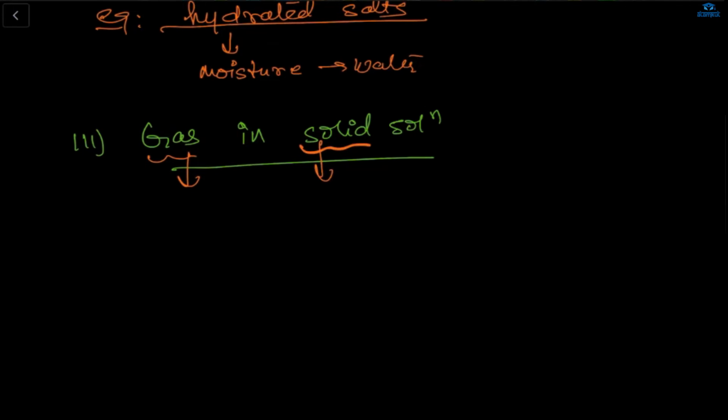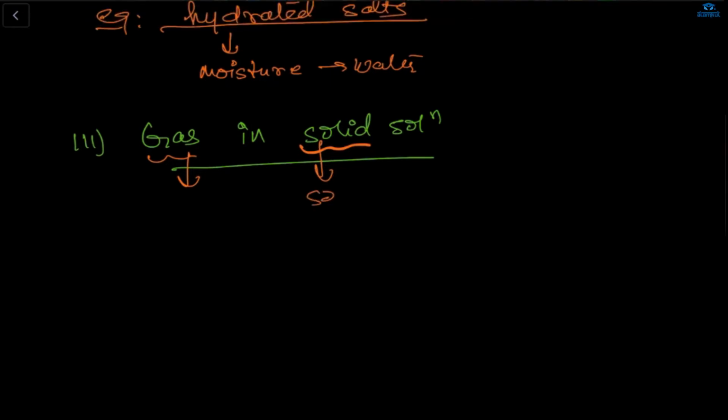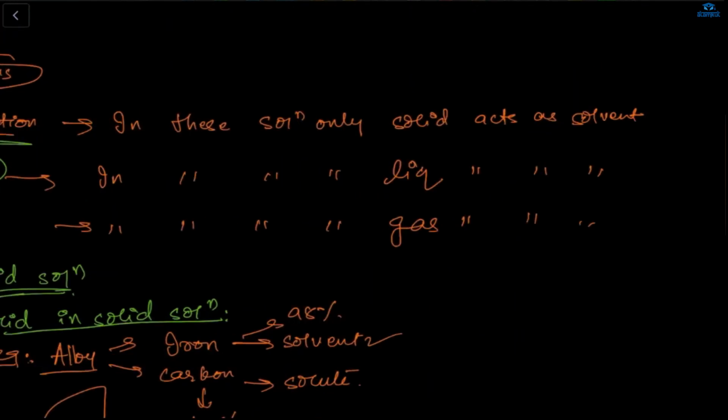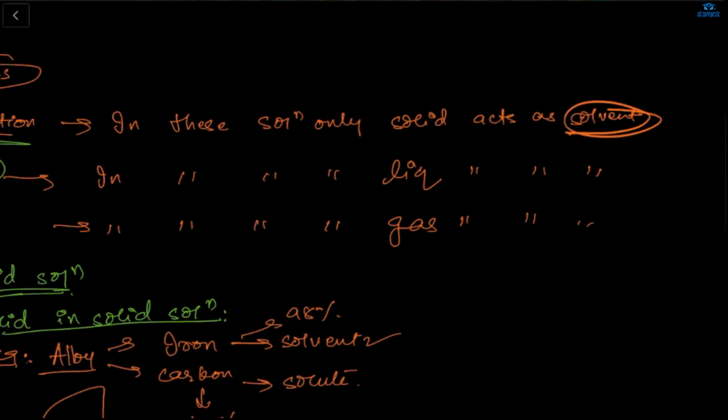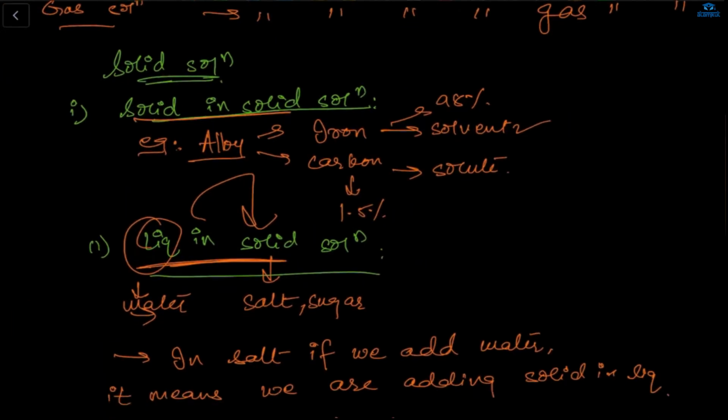Okay, Razi, what is solute and solvent here? I think it's gas. Okay, the solute is gas and the solvent is solid. The solvent is solid because we are learning the solid solution now. In this solution, only the solid will act as a solvent. So in solid and solid, this acts as a solvent and this acts as a solute.